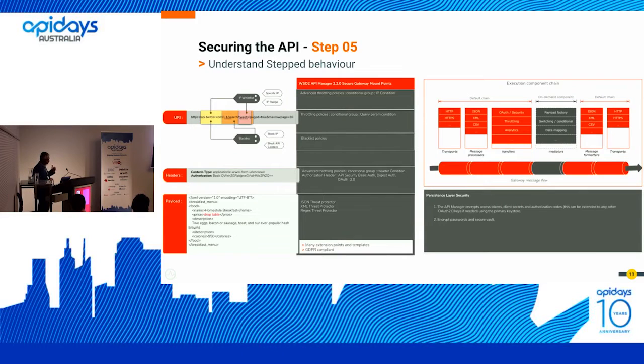You establish blacklist policies and whitelist policies. Some of these security policies can be established on the firewall or the proxies in front of the API gateway, or you can implement them on the API gateway.